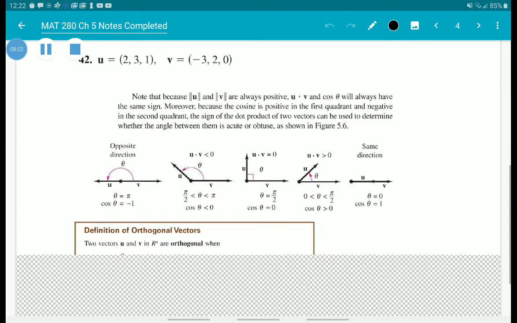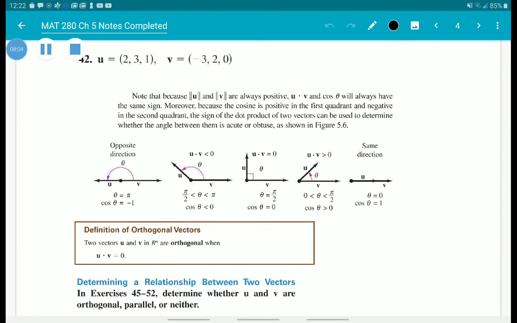So there's just a little bit more talking about, like we talked about before, the sign of that dot product, whether it was negative, positive, or 0, and what would happen to that angle.